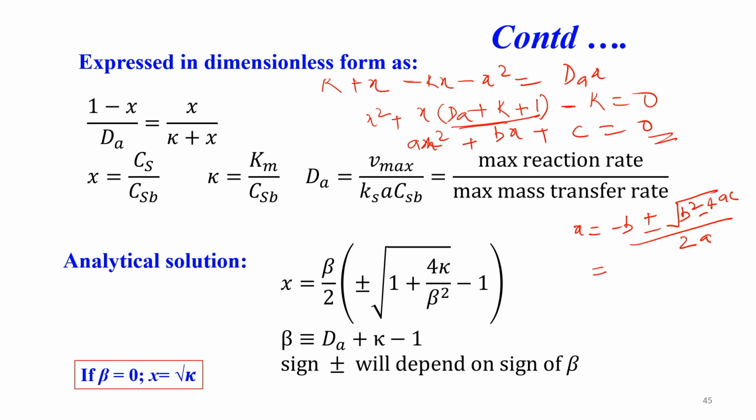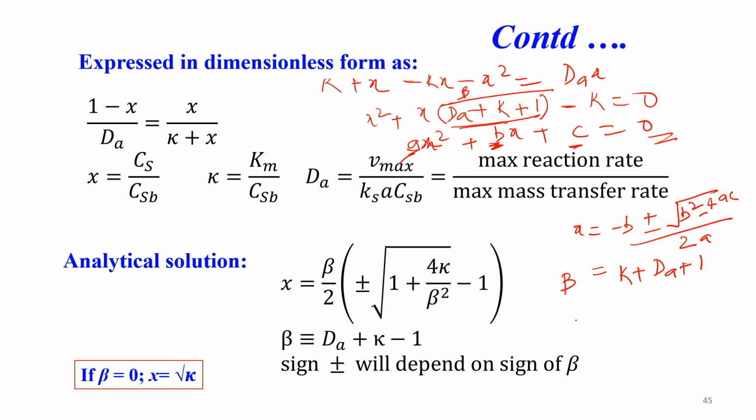We are going to use another term called beta, beta as kappa plus Da plus 1. So, the coefficient b is beta here, a is 1 and c is minus kappa.